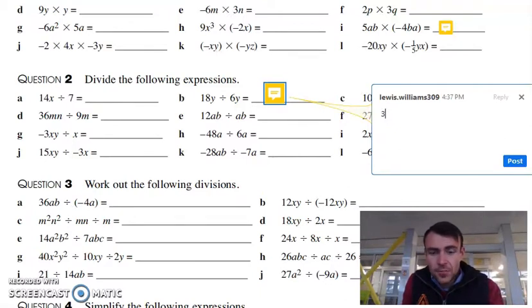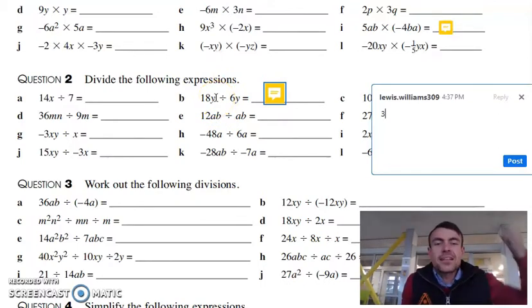So 3 times 1 is 3. And so that's just the answer, is 3. So we can use this division, as in something divided by itself, to cancel it out. Essentially we're just taking them out.